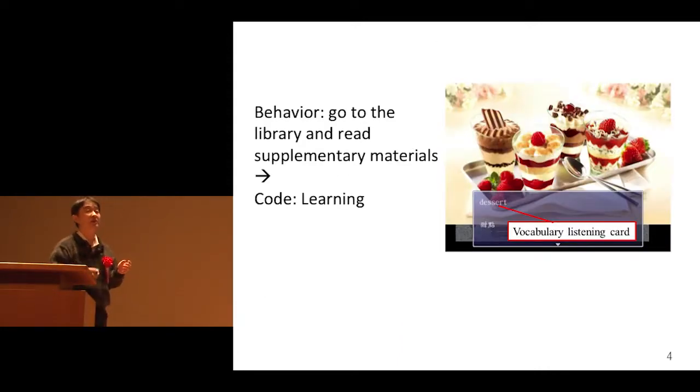Also in some role-playing games, the learner might go to a bookstore or library to find some material because they need to know more to pass the game. If they do that, we say they are trying to learn something during the gaming process.